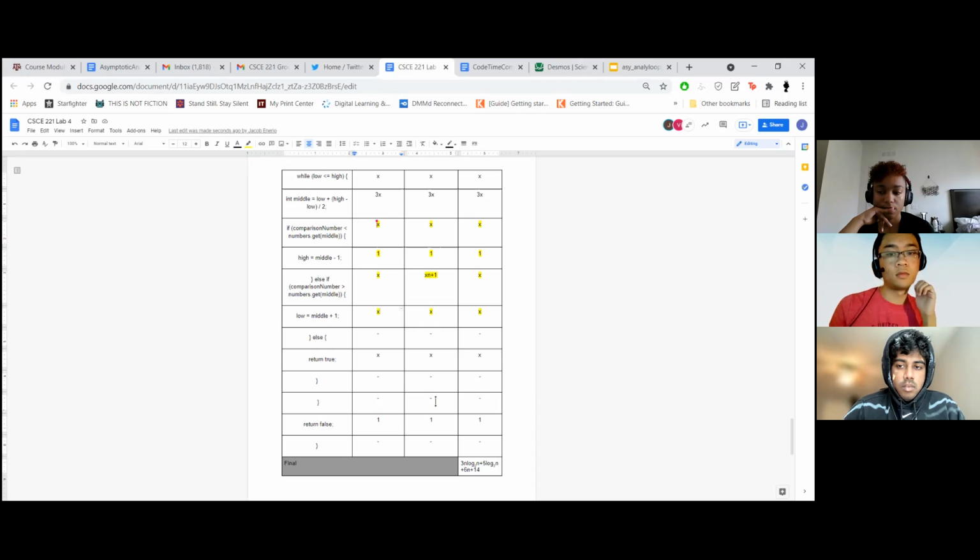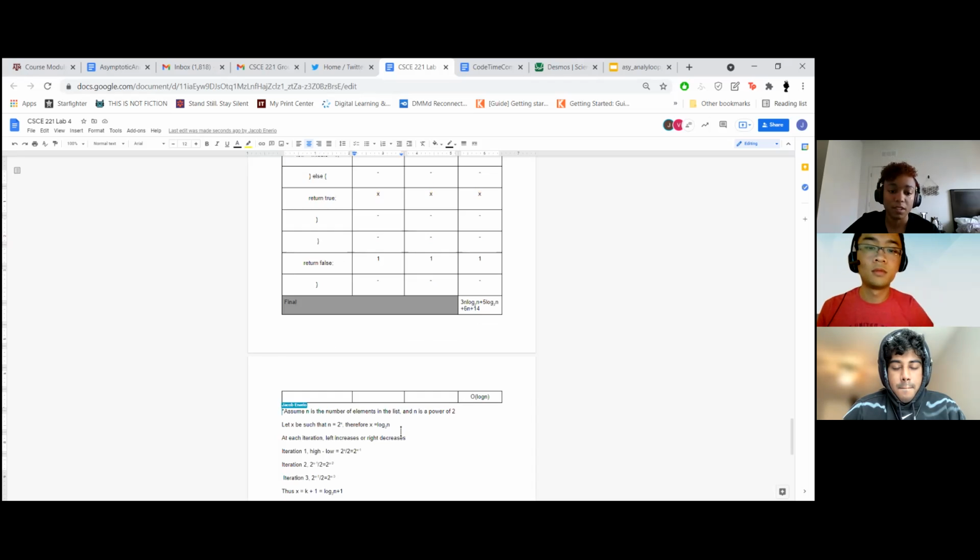Okay. So we're trying to find x is what we're doing. Yeah, I already solved for x at the bottom. So this is the proof we used in our CSCE 222 class. Let me scroll.